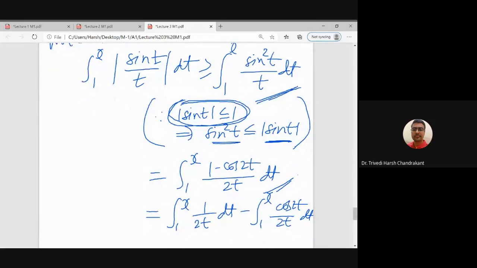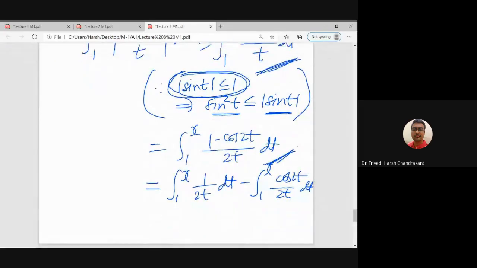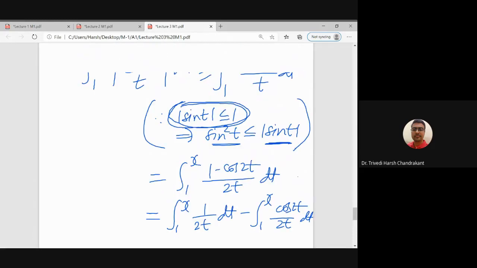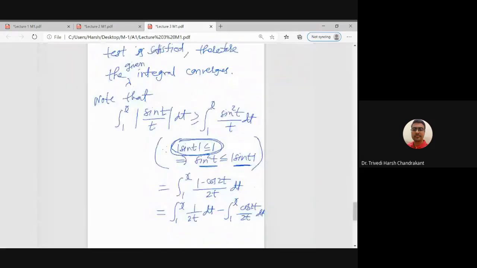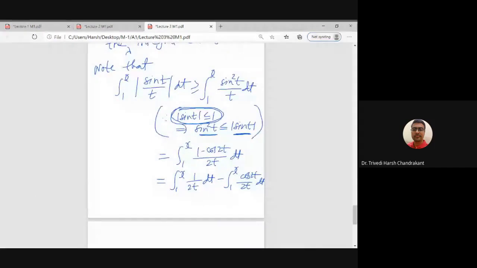These two integrals are the same, and then we will separate the terms. So we'll get the integral of 1 divided by 2t minus the integral of cos 2t divided by 2t. So finally we get that the integral of modulus sin t by t dt is greater than or equal to this integral minus this integral.